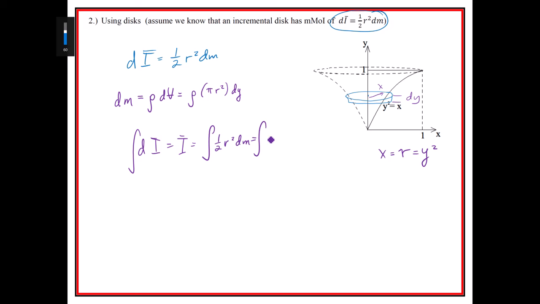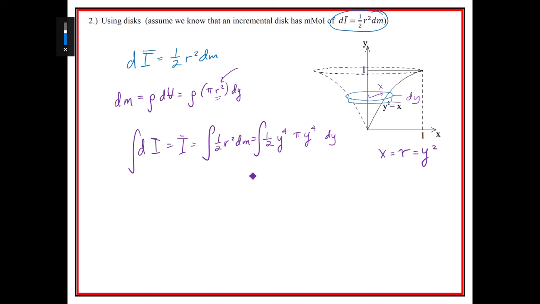So we'll have 1/2, substitute r squared in right here, and we have y to the 4th. And then for our incremental dm up above, we do it again over here. It's going to be pi y to the 4th again, because that's r squared, and then we're going to have dy.